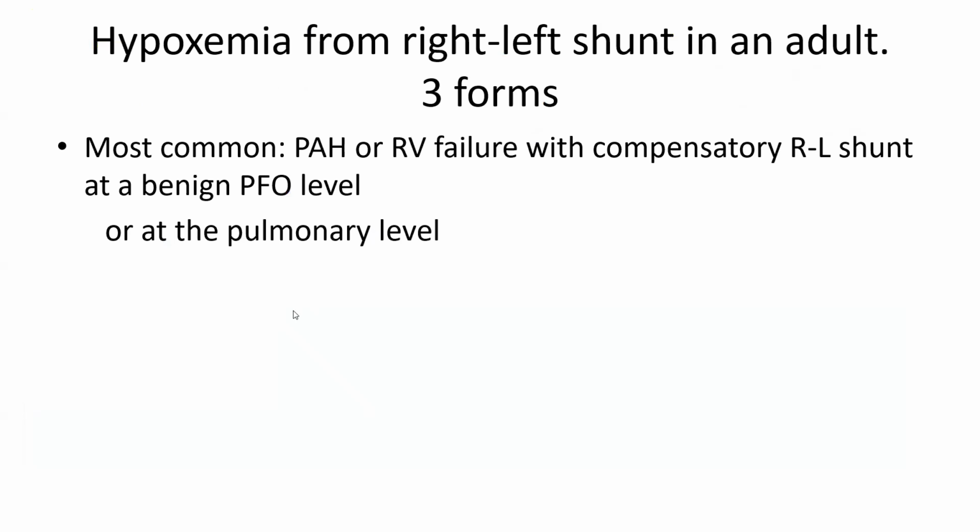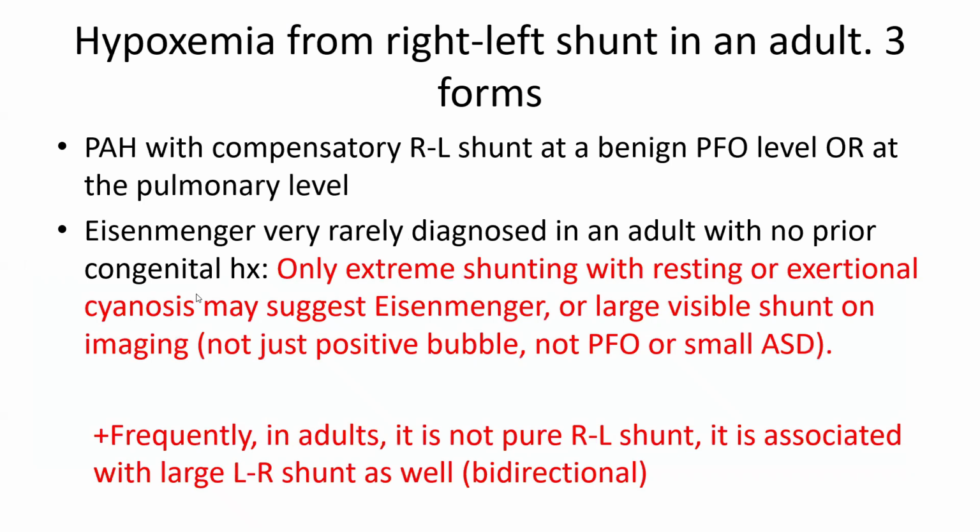So I mentioned that there are 3 forms of right to left shunt in an adult. I explained the most common one, which is PAH or RV failure with compensatory right to left shunt at a benign PFO level, or at the pulmonary level, a pop-off mechanism. Now there is a second one, which I explained as well, which is Eisenmenger, very rarely diagnosed in an adult with no prior congenital history.